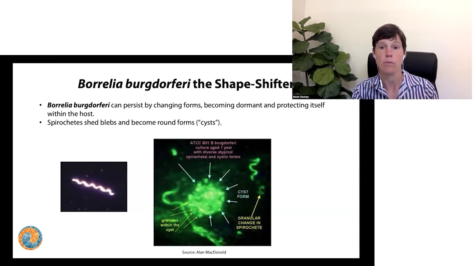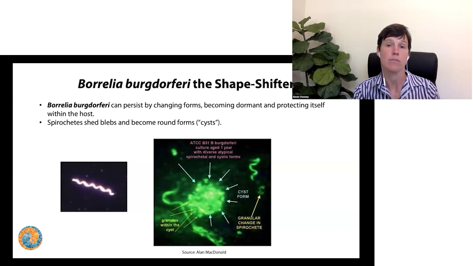But it can change forms and become dormant. So we've got our cyst form, which is also called the round form. And when it's in that form, it's not going to respond to antibiotics, and your immune system is not going to see it. So it's really important to acknowledge that this has repercussions on how we choose treatment and thorough treatment for Lyme disease.